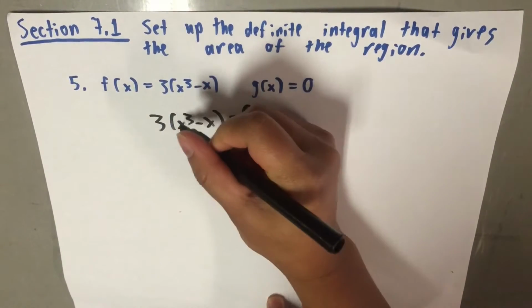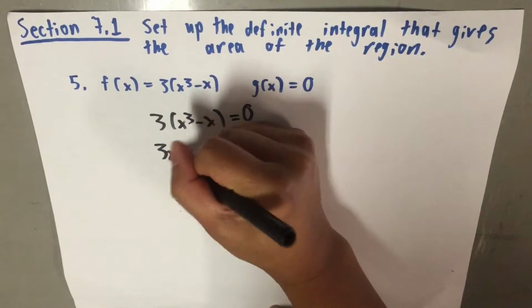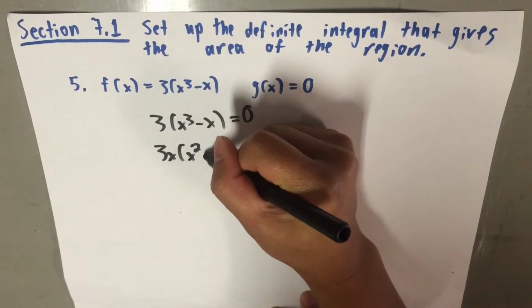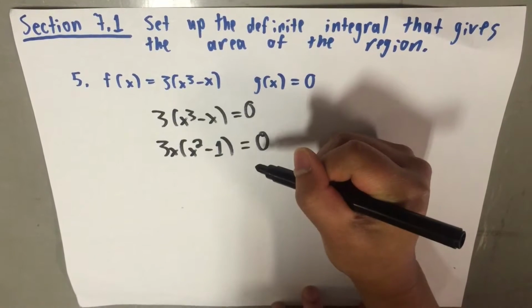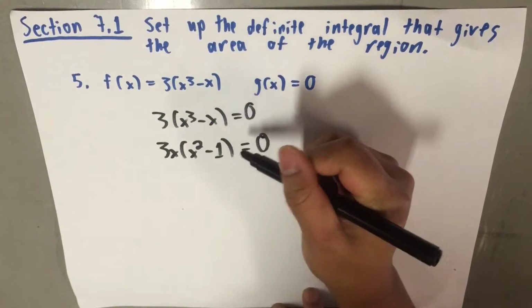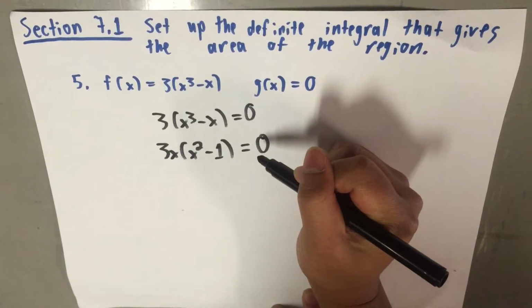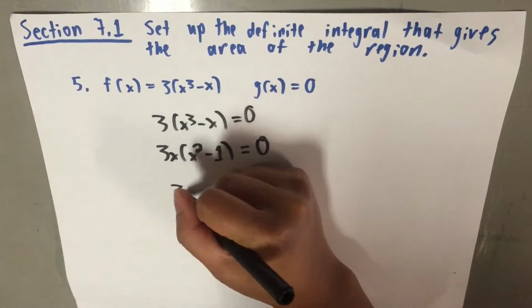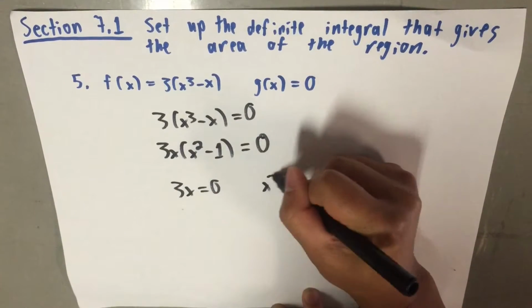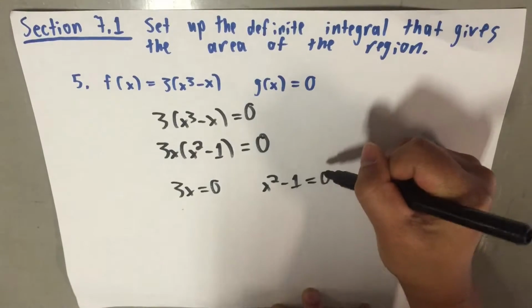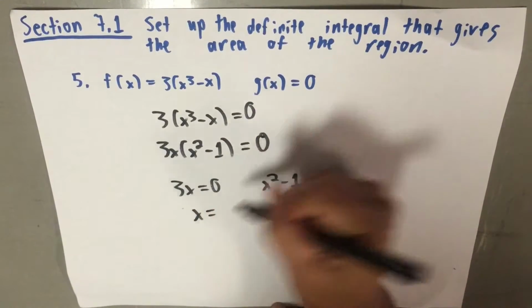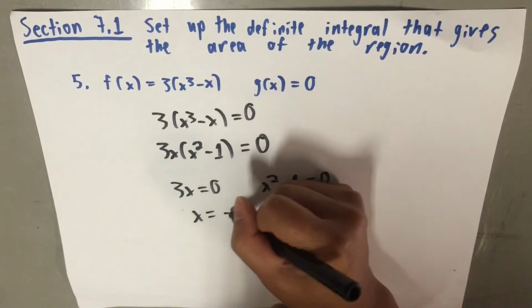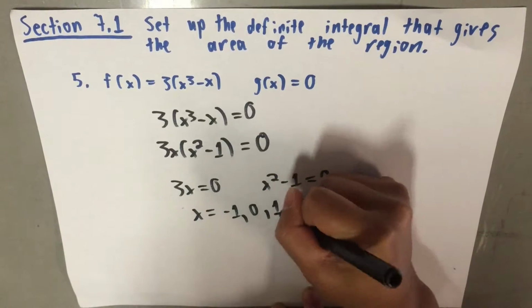And on this side, we want to factor out an x. And then we want to find the zeros, so 3x equals 0, and x squared minus 1 equals 0. So x is negative 1, 0, and 1.